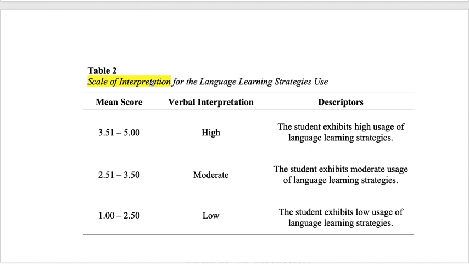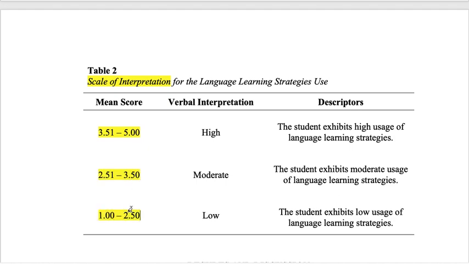For example, you have a Likert scale of 5 down to 1. And you are to get the average of responses per male, per female, per strand like HUMSS, ABM, and STEM. And the mean scores would be like 3.51 to 5, 2.51 to 3.50, 1 to 2.5.